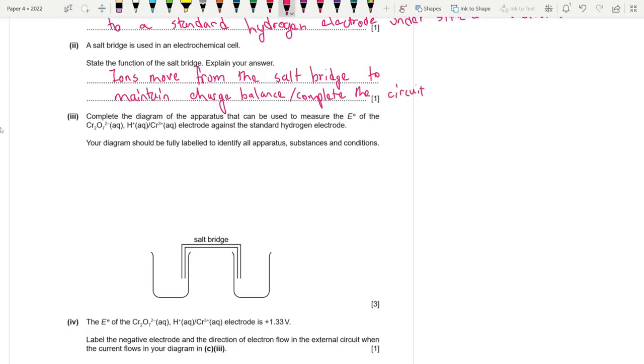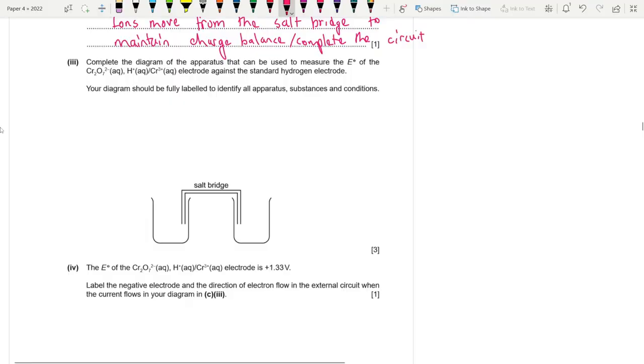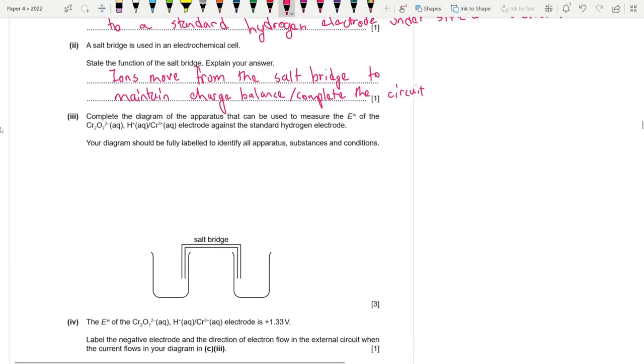So let's draw this diagram. It's a dichromate 6 and chromium 3 plus half cell against a standard hydrogen electrode. The standard hydrogen electrode is a gas electrode.